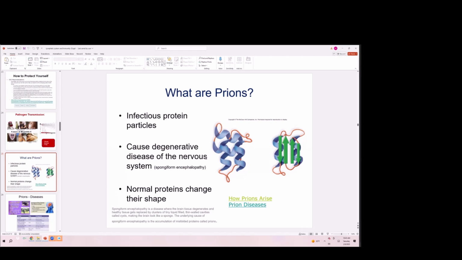And when they change their shape, they go and do the neighboring ones. It's almost like going around and converting all the other normal proteins to change their shape. In the changed form, they aggregate. And when they aggregate, they pile on the neurons, and the neurons cannot do their job properly.